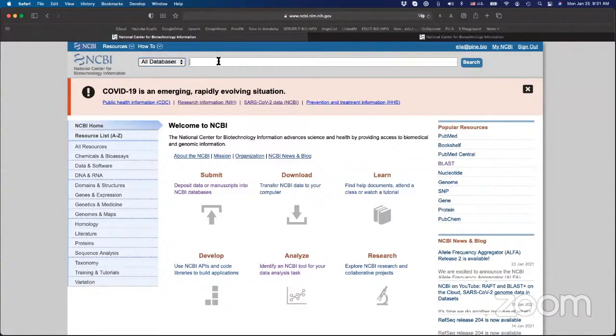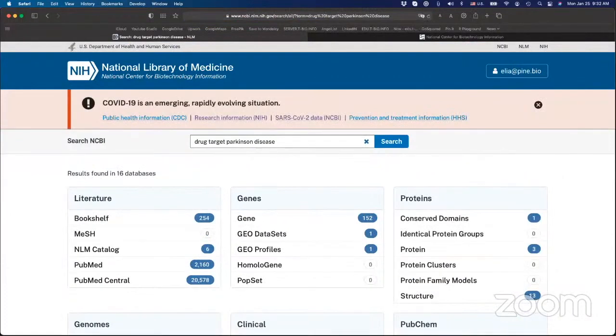Okay, let's try that. Okay, so drug target Parkinson's disease. That would be number 1. Okay. Abukari is saying microsatellite sequencing data. Again, something I think a little bit broad. Let's be more specific. Applied to what? What kind of a disease or something like that? Okay.